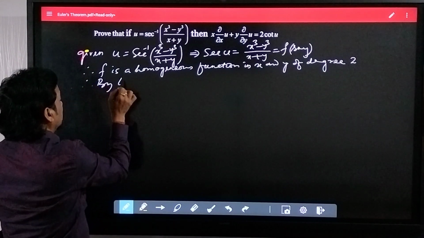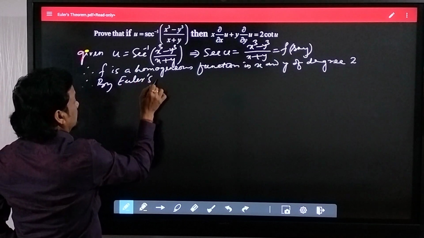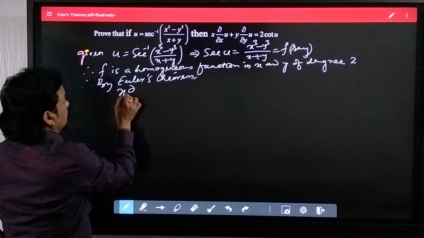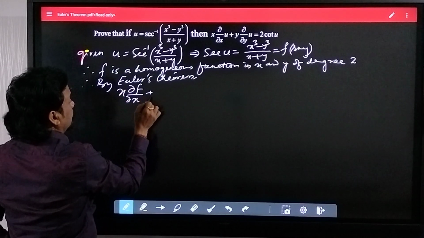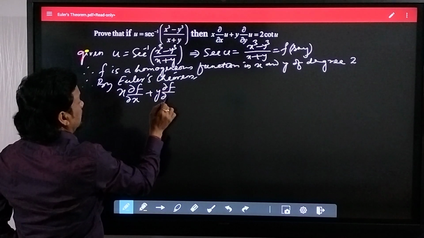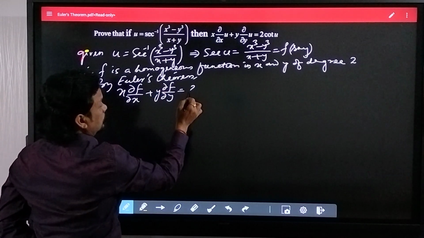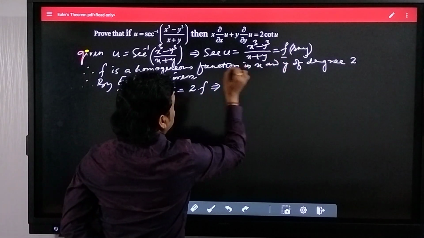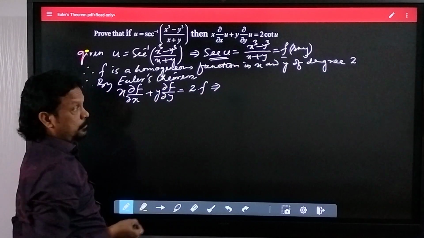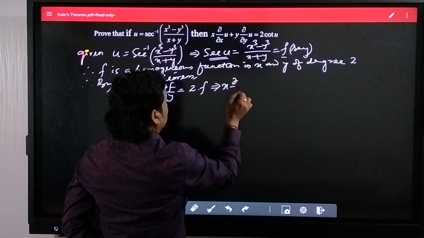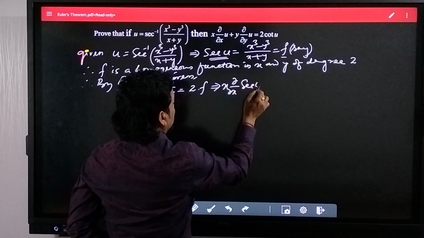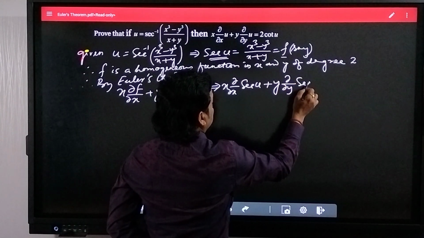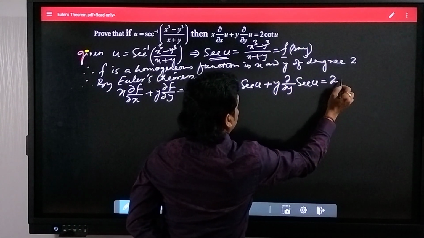Therefore, by Euler's theorem, x into del f by del x plus y into del f by del y is equal to the degree of f, which is 2, so 2 into f. Here the value of f is sec u, so in place of f we have to write sec u. So x into del by del x of sec u plus y into del by del y of sec u is equal to 2 into sec u.